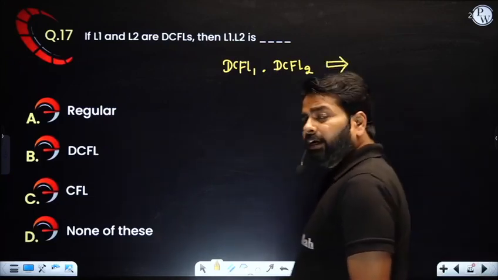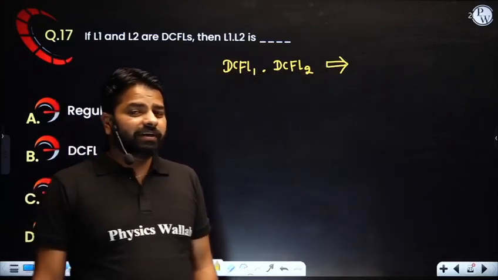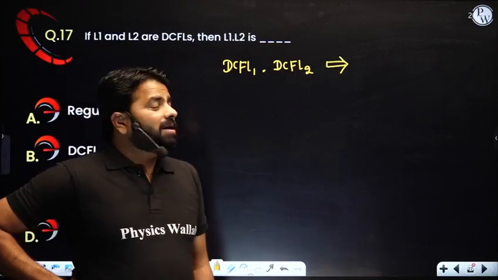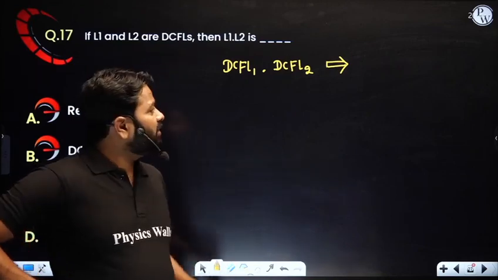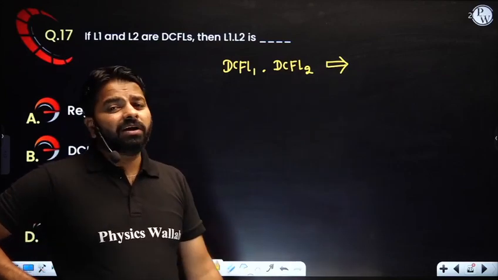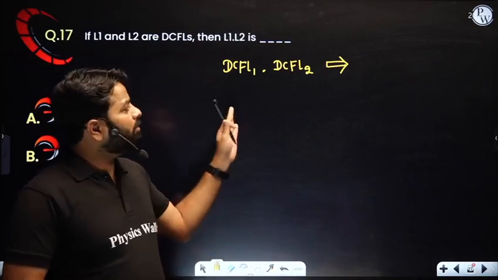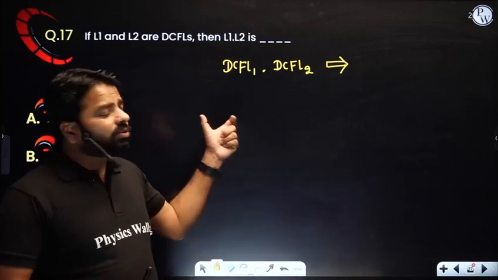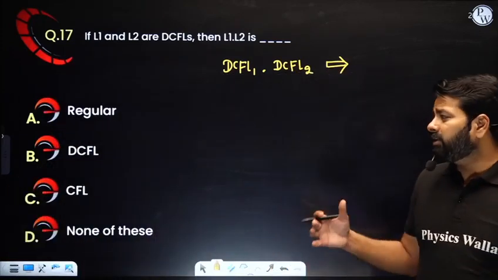We know finite dot finite is finite, infinite concatenation with infinite is infinite, regular concatenation with regular is regular, but DCFL concatenation with a DCFL, what happens? Will you get a DCFL? So think about these cases. Do you always get a DCFL? Do you have examples for this?